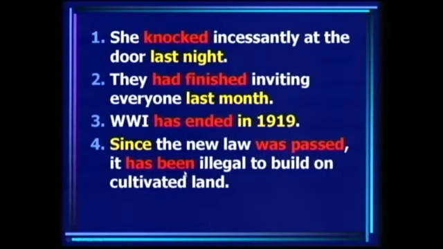It has been illegal to build on cultivated land has been present perfect, لأن من أول اللي حصل ده في الماضي لغاية دلوقتي, يعني this is past time continuing until present time, يبقى استعمل ايه؟ present perfect. It has been illegal, أصبح من غير القانوني البناء على الأرض المزروعة.